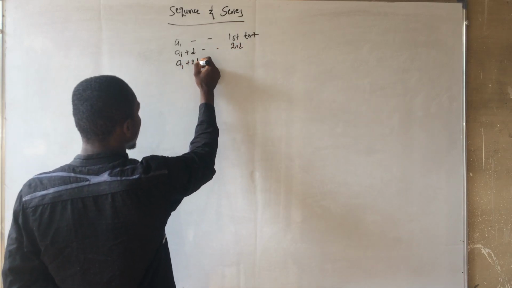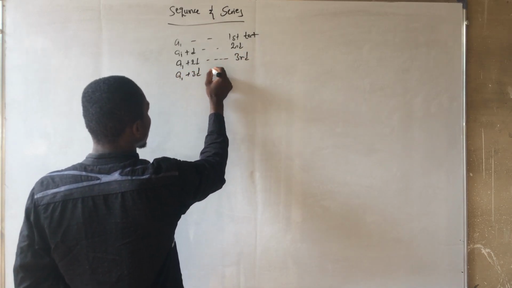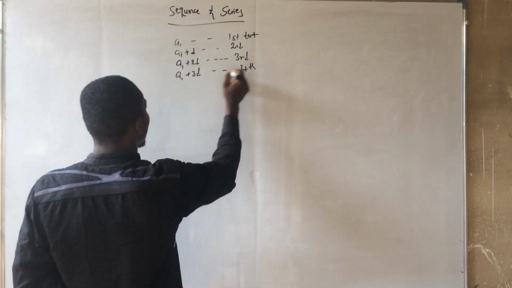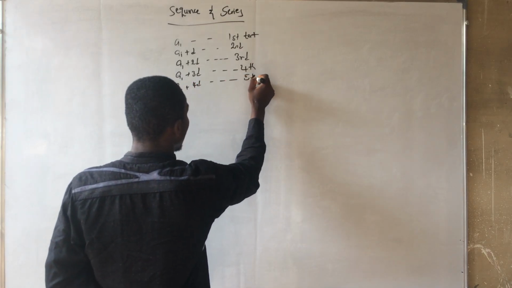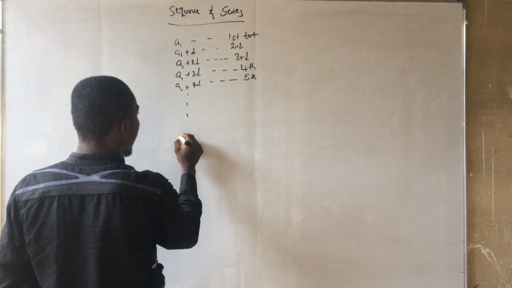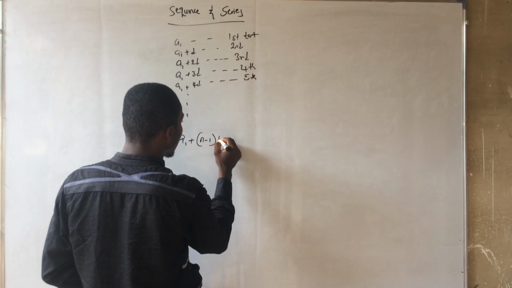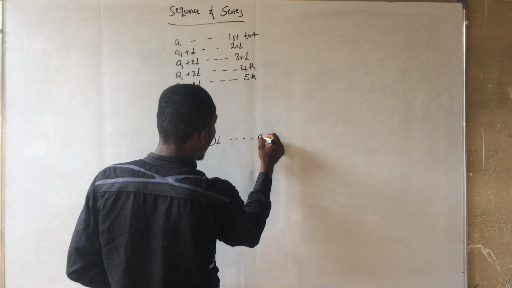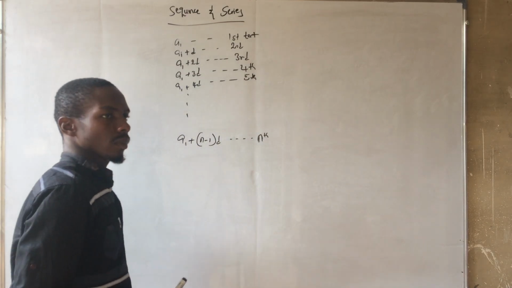A1 plus 2D is the third one. A1 plus 3D is the fourth one. A1 plus 4D is the fifth one. Down till A1 plus (n minus 1)D is the nth term.